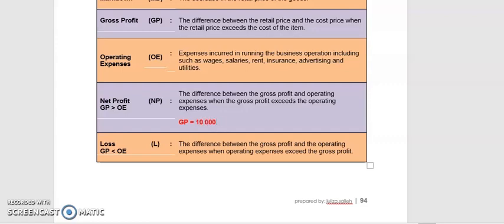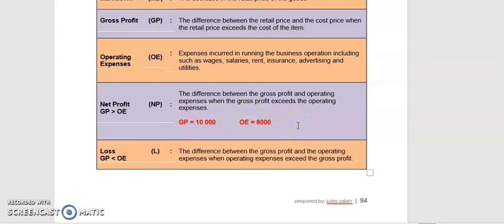Let's say in that particular month, you need to pay salaries of your workers together with electricity bills and so forth, which is 8,000. So here gross profit is more than operating expenses, right? What you gain is more than what you need to pay.